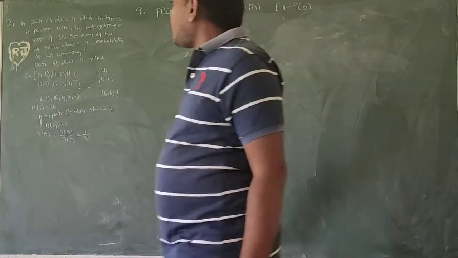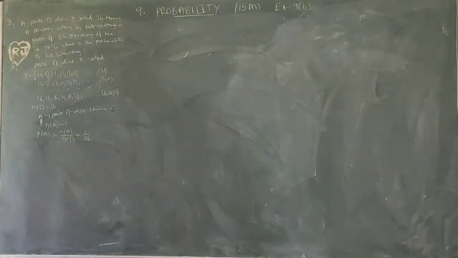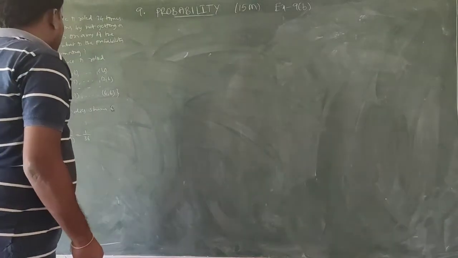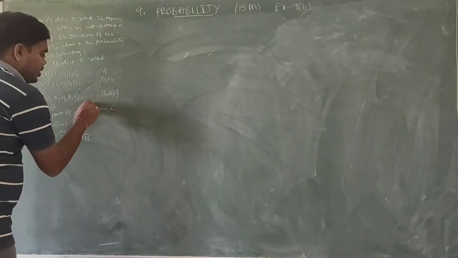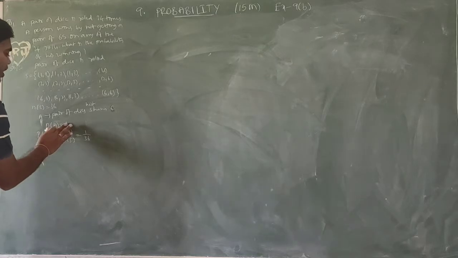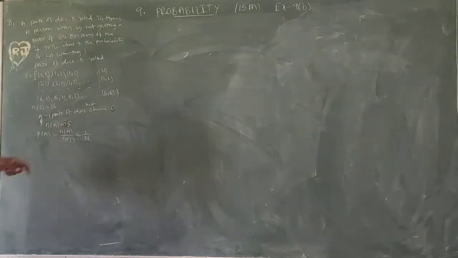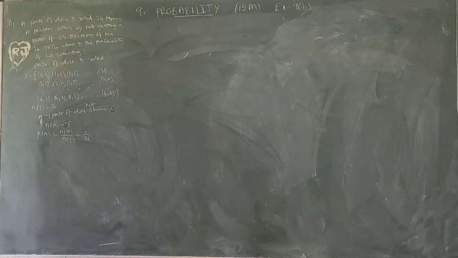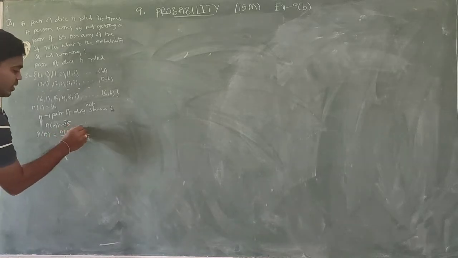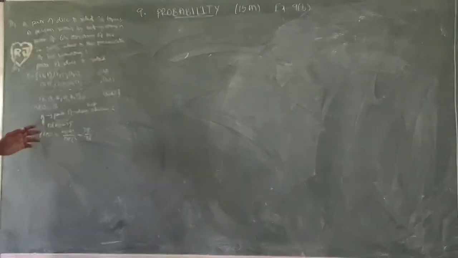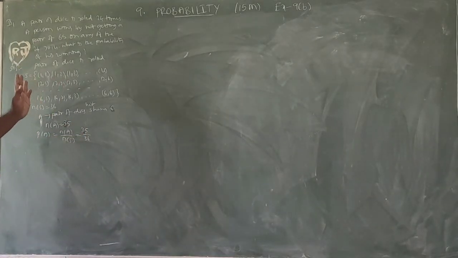What we require is not getting a pair of 6. So this will be 35, since there is one chance to get 6, 6 and the other choices are 35. So the probability that the pair of dice does not show 6 is 35 by 36.